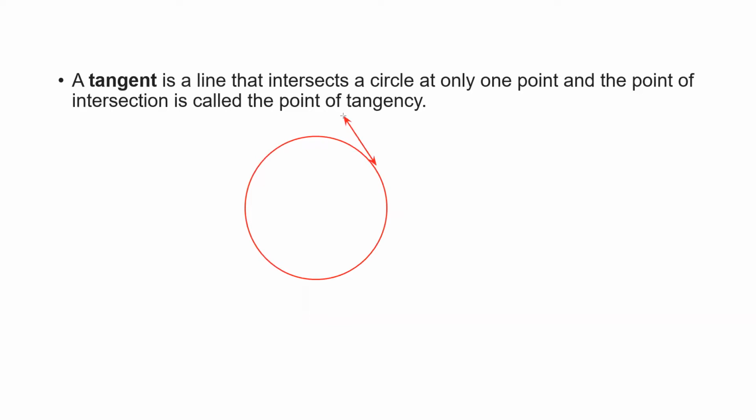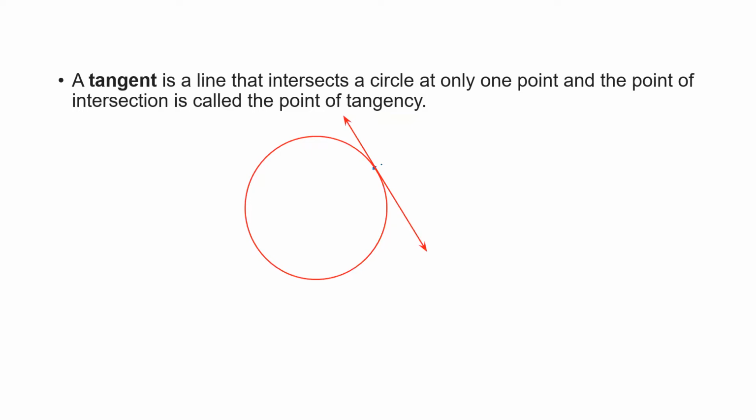We have here a line. As you can see, this line intersects the circle at exactly one point. Suppose this line intersects the circle at one point.